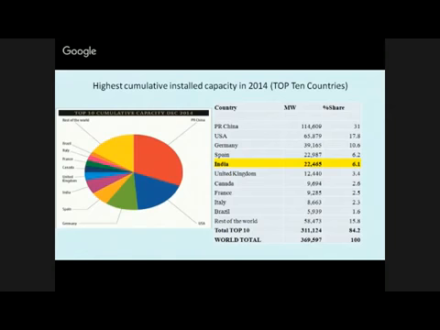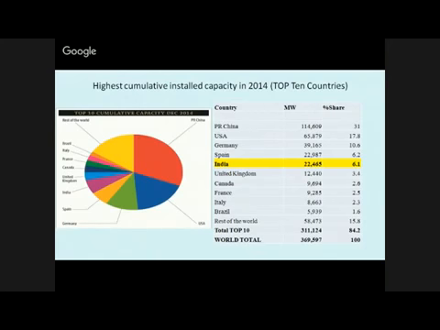India among these countries is at the fifth rank, with slightly over 22,000, around 24,000 megawatt, and we are contributing around 6.1% of the total wind energy across the world. Other big names are United Kingdom, Canada, France, Italy, and the rest of the world contributes around 15.8%.